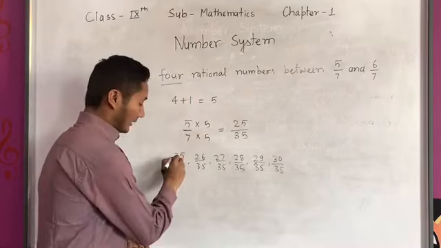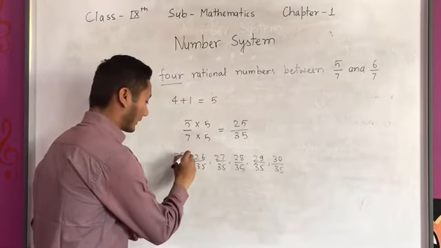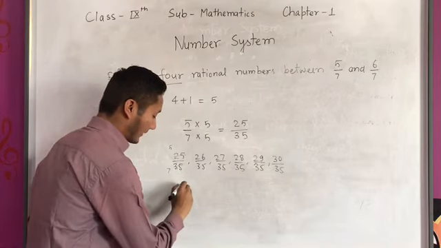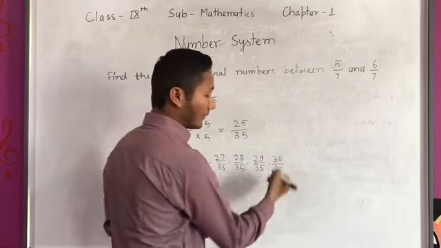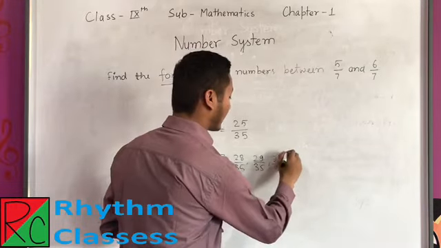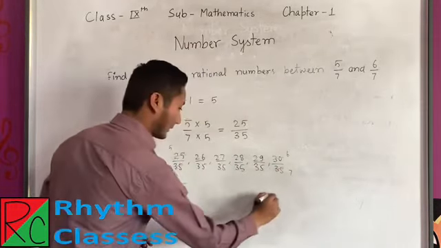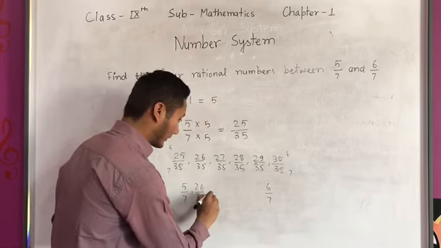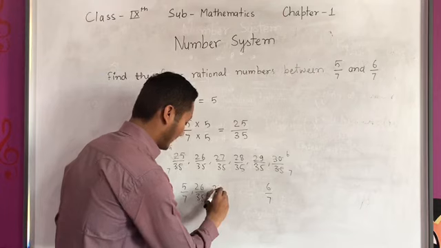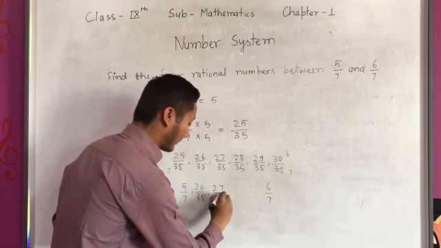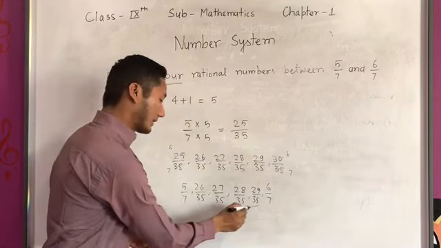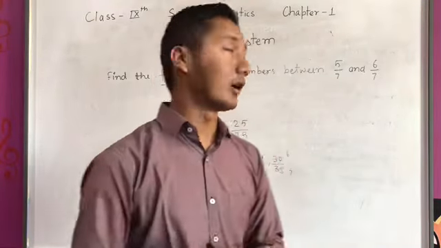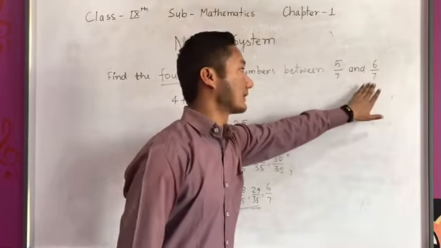From here, we can divide by 5. The first becomes 5 by 7, and the last becomes 6 by 7. That means these rational numbers are in the middle of 5 by 7 and 6 by 7. Now you can see we get the four rational numbers between 5 by 7 and 6 by 7.